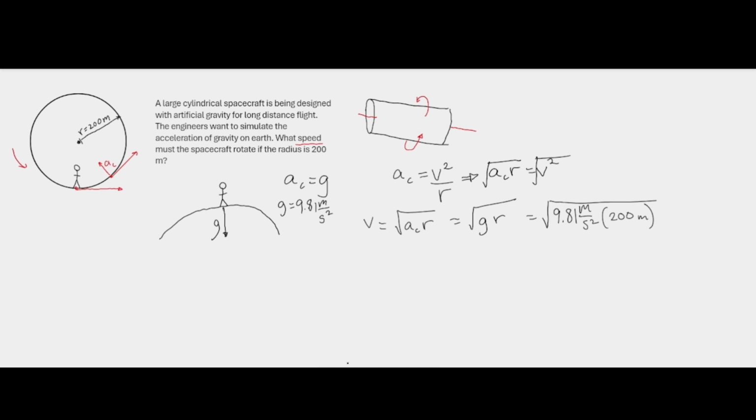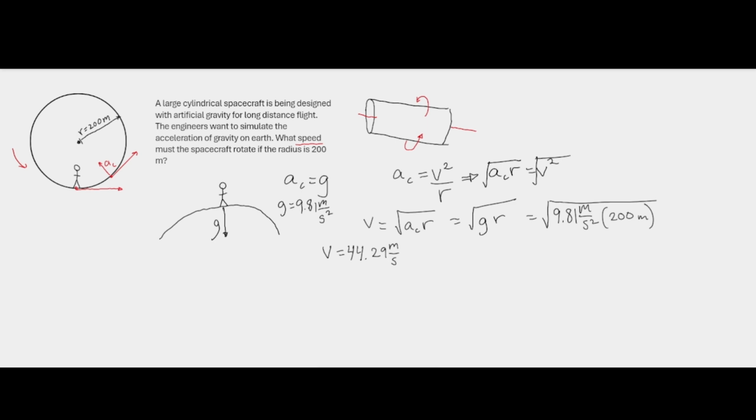And to a decimal value, that gets me a velocity of 44.29 meters per second. We've got a meters times a meter, so this is meters squared over seconds squared. So when you take the square root of meters squared over seconds squared, you just get meters per second, and that's good. That's what we want for a velocity.